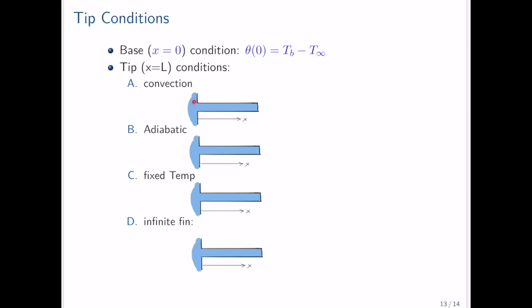At the base, x is equal to 0, and theta of 0 is equal to T_b minus T infinity. That means that theta of 0 is equal to theta_b. Let me write this one: theta of 0 is going to be called theta_b, by convention. So this is one boundary condition.